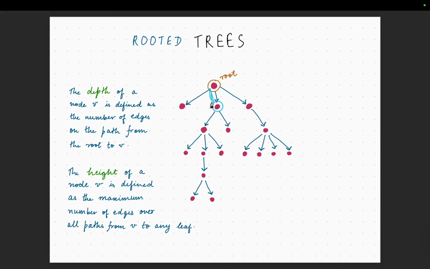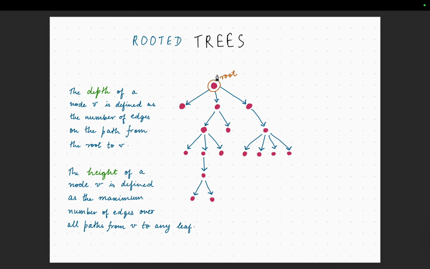And this other vertex has depth 3 because there are 3 edges on the path from the root to this. Note that this is well defined because a tree cannot have cycles, so you can't have 2 different length paths from the root to the vertex.